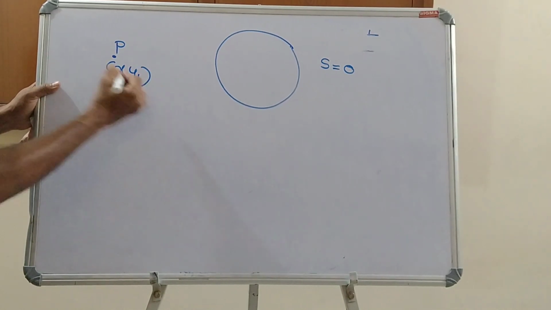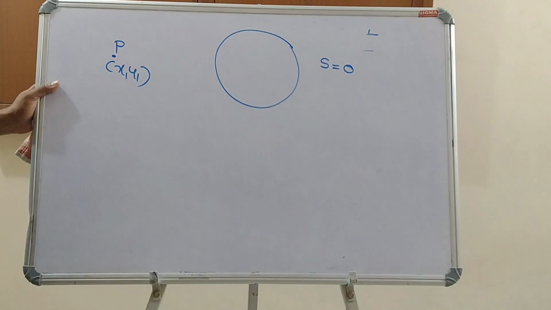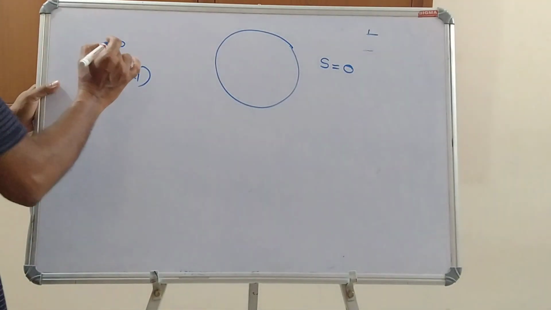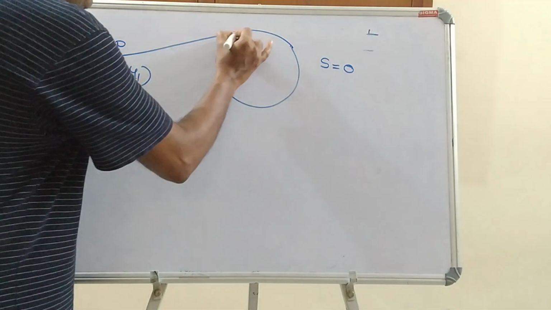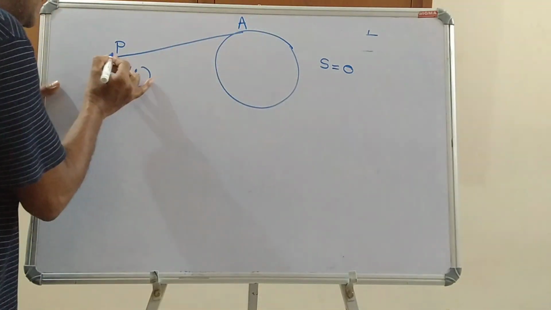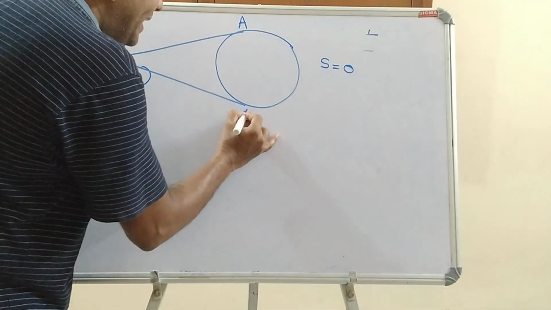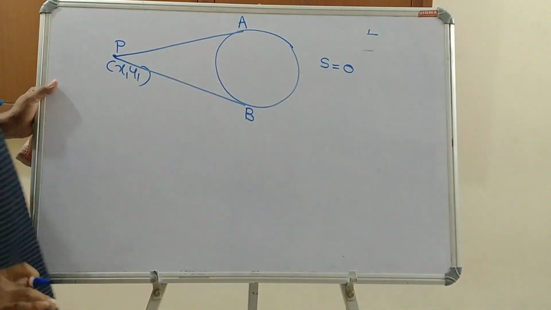From the external point, we can draw two tangents. So, PA and PB are two tangents from the external point P to the circle.